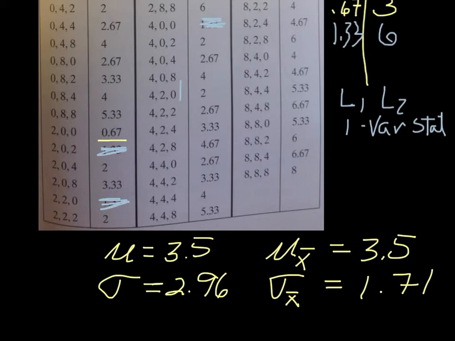And so the central limit theorem tells us that if we have a population, and our population was 0, 2, 4, 8, the number of movies watched by a family member in 1 month, and we create a sampling distribution, and our samples were of size 3, and so we'll call S our sampling distribution.